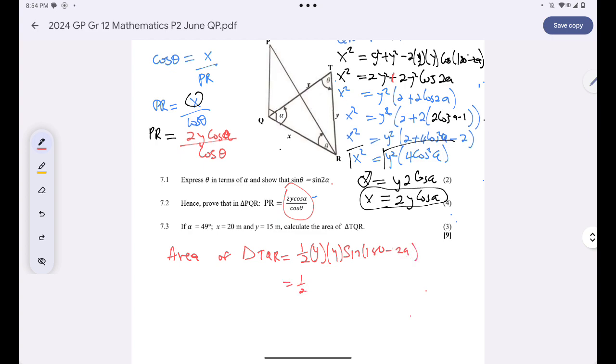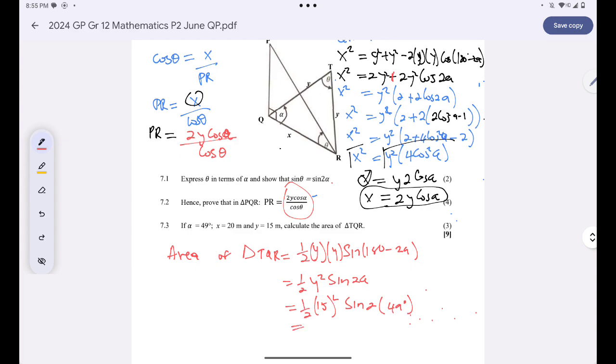So this is 1/2 y squared multiplied by sine 2a. y is 15, and then I have a is 49. So I'll just use this to find my area.